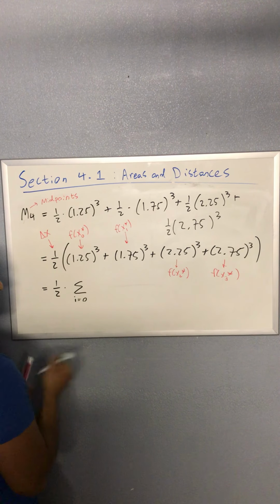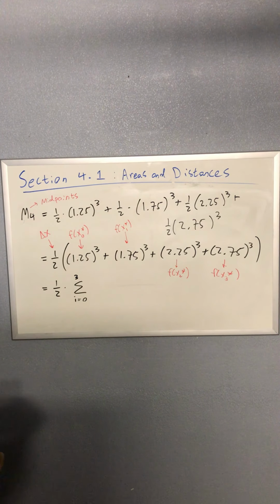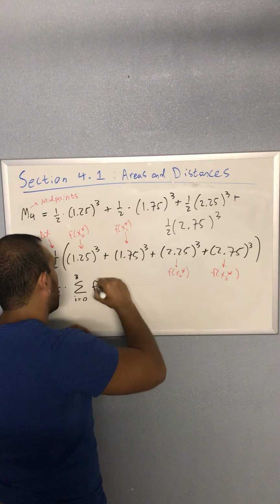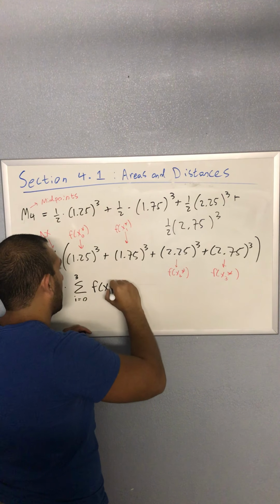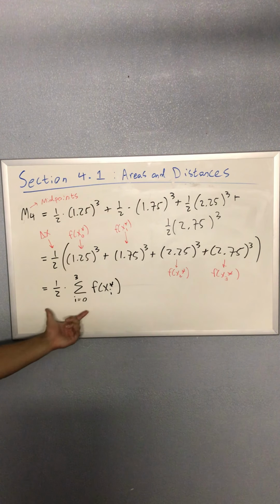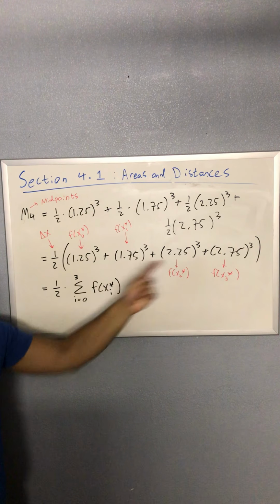So you start from 0 to 3, and then this is f of x sub i star. So all of these are the same. This is just a compact way of writing out all of this.